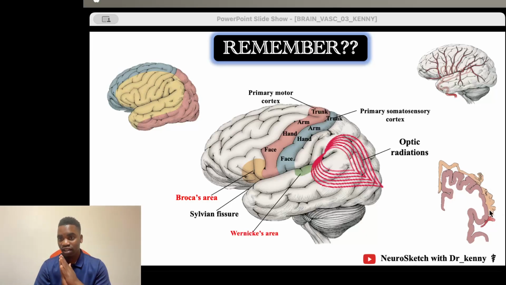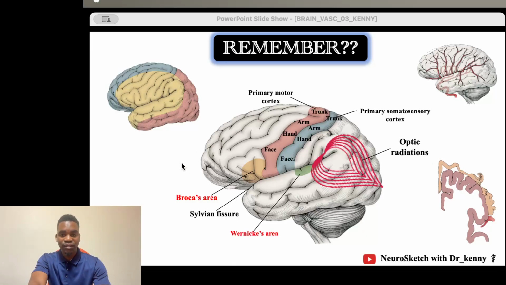And this is why I told you that strokes mostly affect the face and the arms, because most strokes occur in the middle cerebral artery territory, where we have the face, the arms, and part of the trunk. So the probability of you having a facial and upper arm presentation is higher, because the artery affected is most of the time the middle cerebral artery. I think now it makes sense to you.